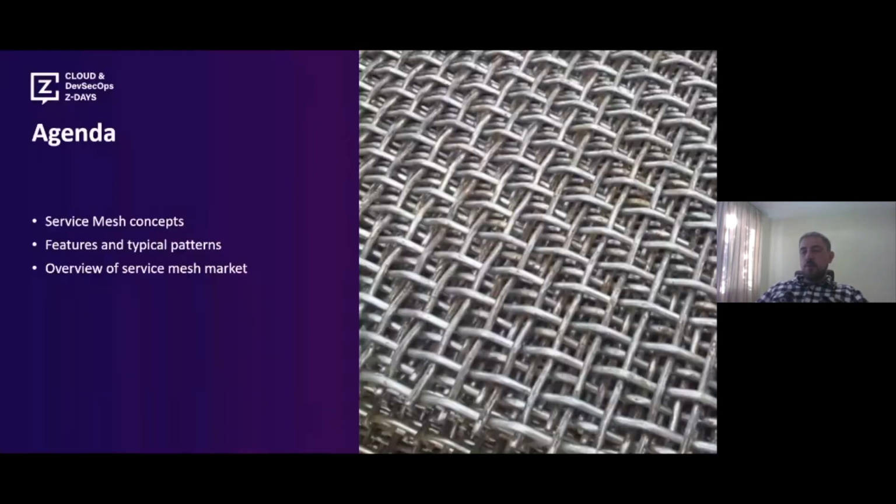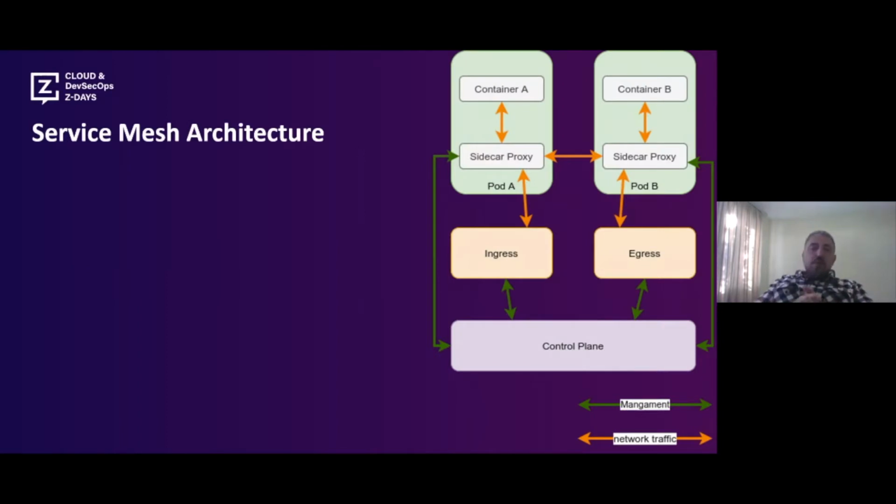So, the agenda for today: we'll start with the service mesh concept, and then continue with the features service mesh provides and typical patterns of how service mesh is being used, and then proceed to a short overview of the service mesh market. Okay, so let's go.